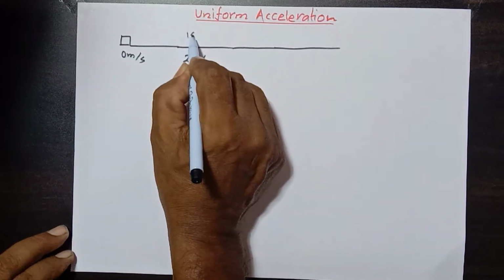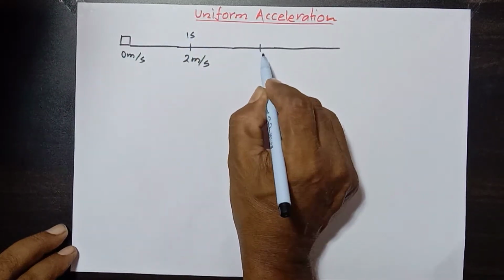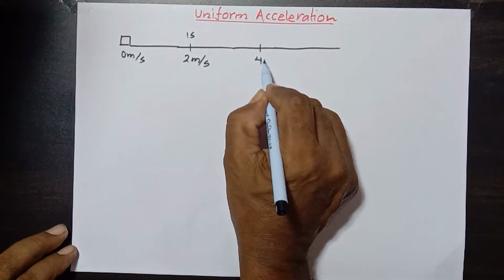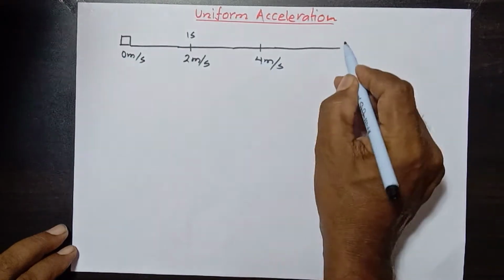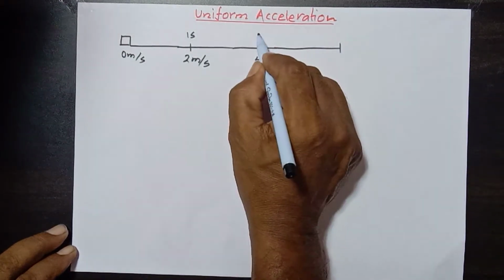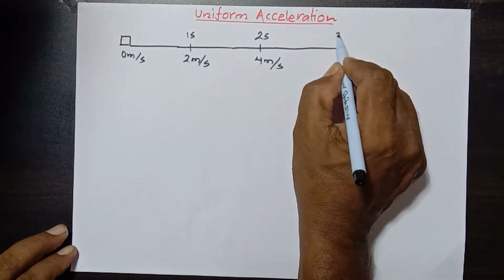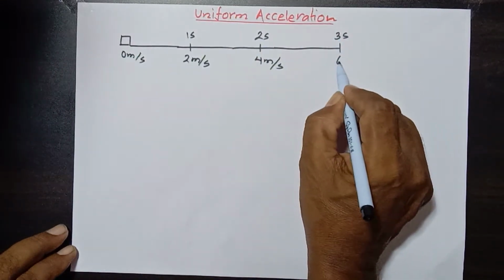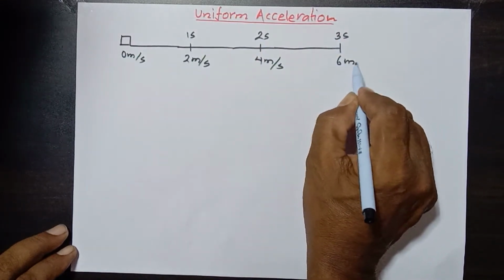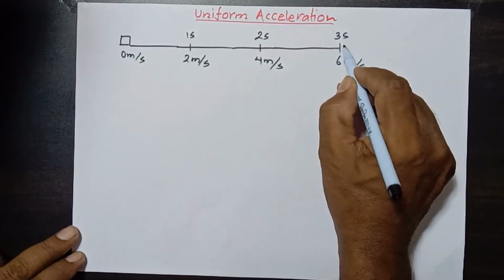At the end of another second its velocity is, let's say, 4 meter per second, and at the end of another 1 second its velocity is 6 meter per second, and so on.